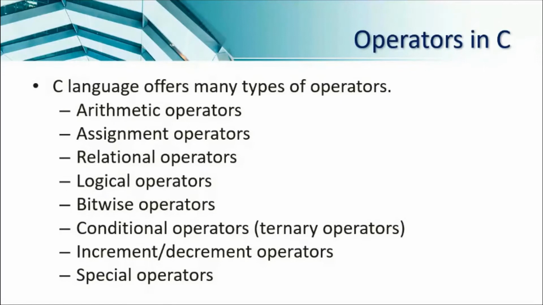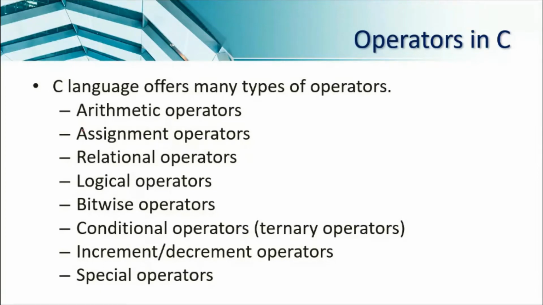So the different types of operators offered by the C language. There are 8 different kinds. In some texts they are classified into only 6 kinds, but in many texts they are classified into 8 different types of operators.